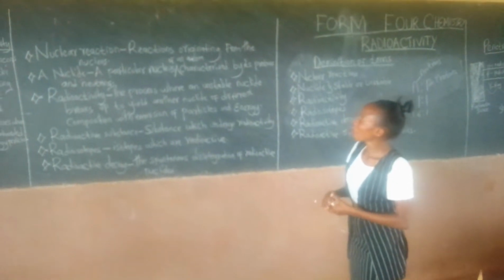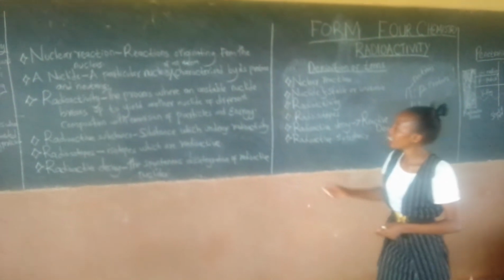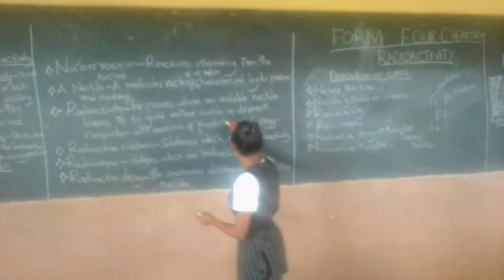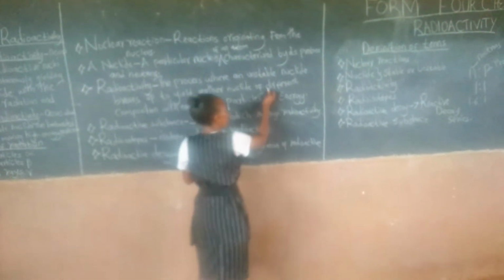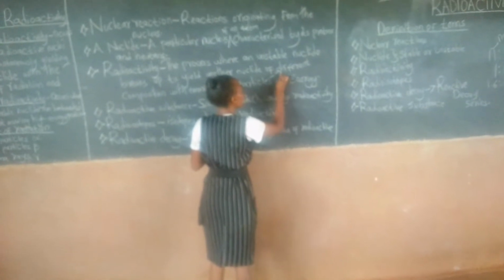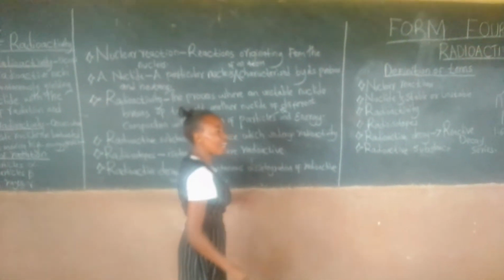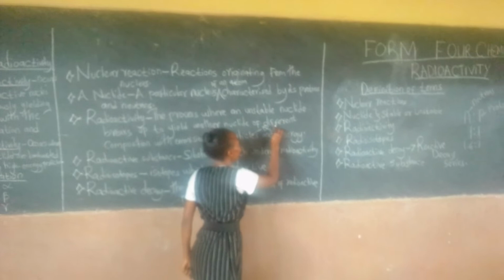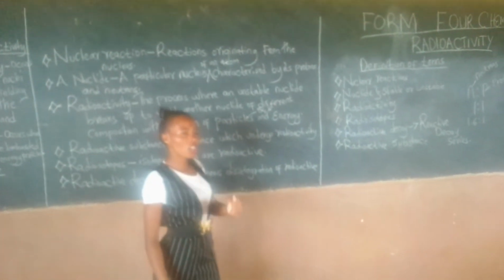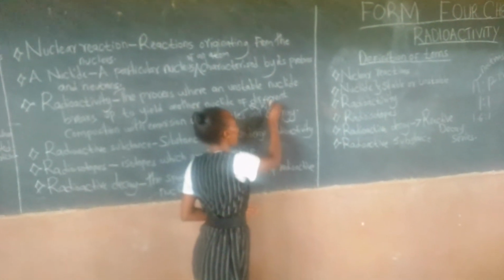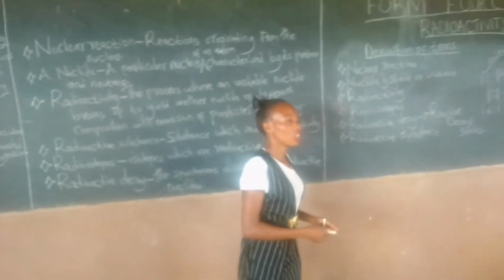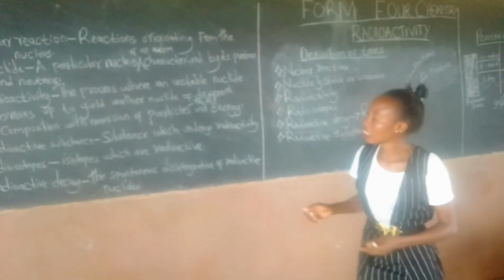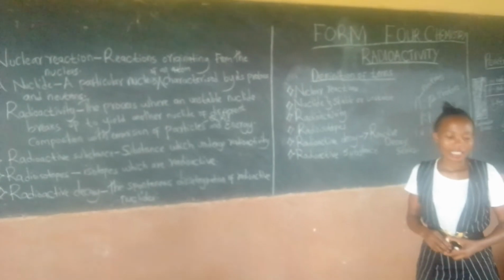Examples of particles could be alpha particles or beta particles, or we could also have gamma rays. So it will emit particles and energy.